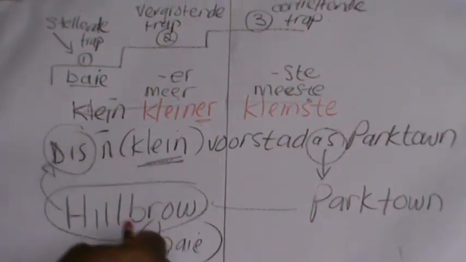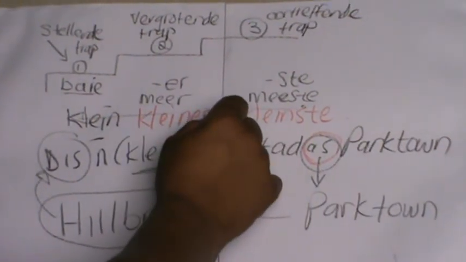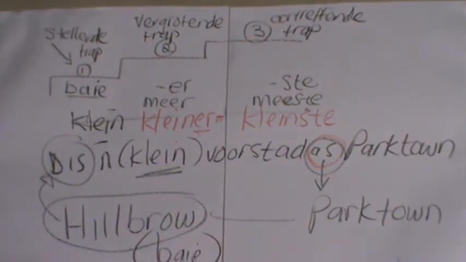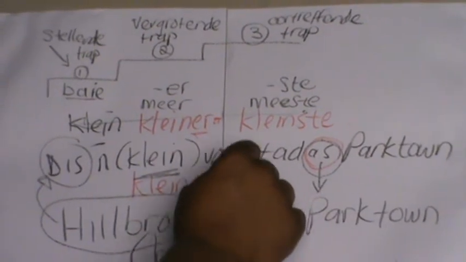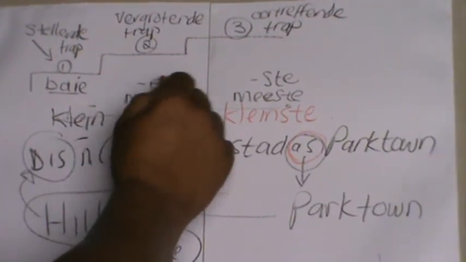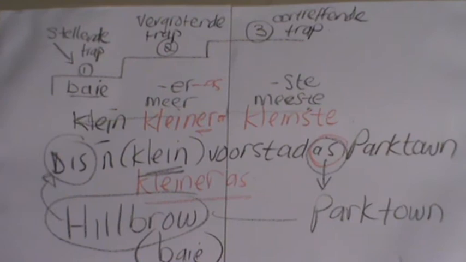When we see this word as, we will know that it has to belong in vergrotende trap, right? It will always be kleiner as, all right? So as, it's adding ER, and we also have to look for dan in our sentence.